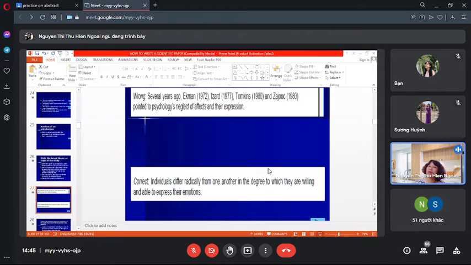Okay, right now we come to the details of this part, practical importance. How can you expand the academic and practical importance of the study? How can you do that? First, for the academic importance, you have to refer to the lack of previous academic research on the topic, or by highlighting important gaps, inconsistencies, controversies in the academic literature.